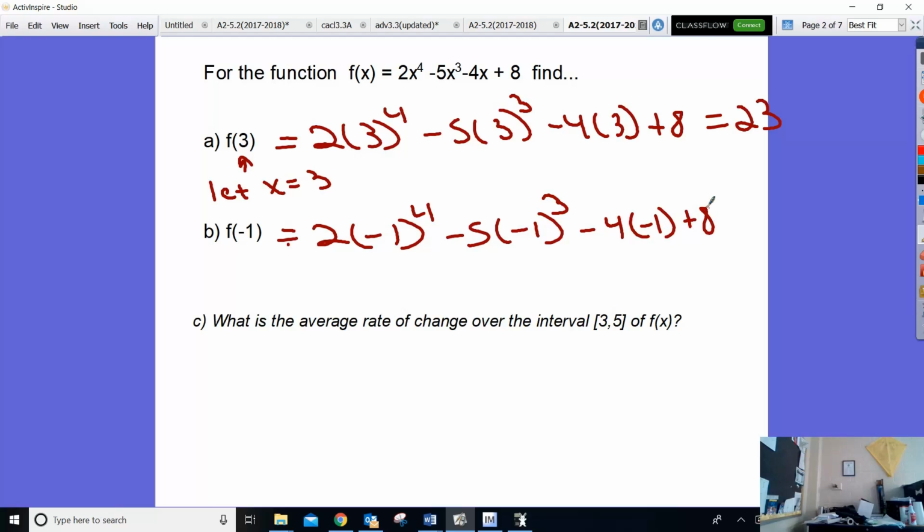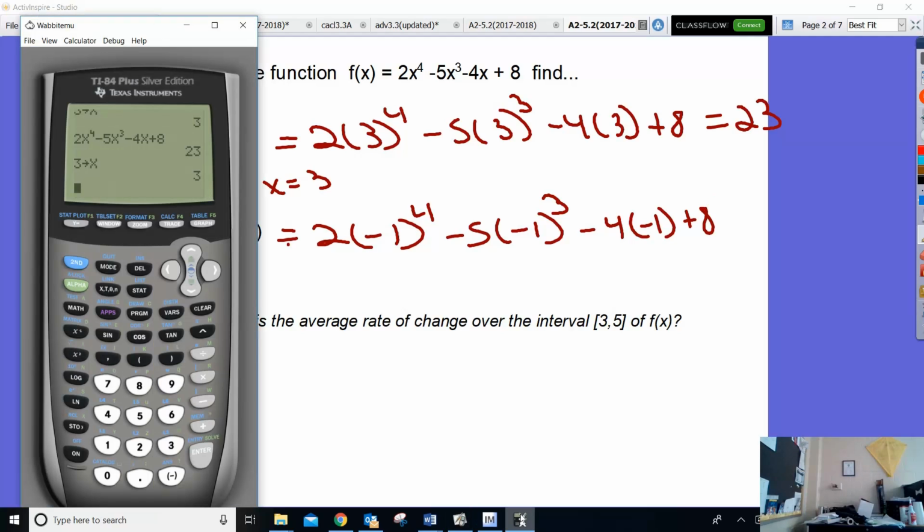Now, the nice thing about using the storage feature is once you've done something the first time, you don't have to retype it the second time. All you've got to do is say -1 STO X. If you've been playing along, you have to press second enter twice. I have to do it 3 times because of Garrett. I'm going to press second enter until I see the original equation I typed in. The answer's 19.